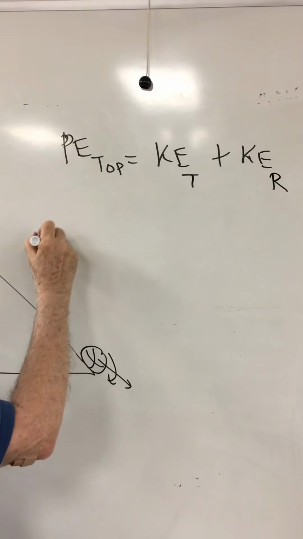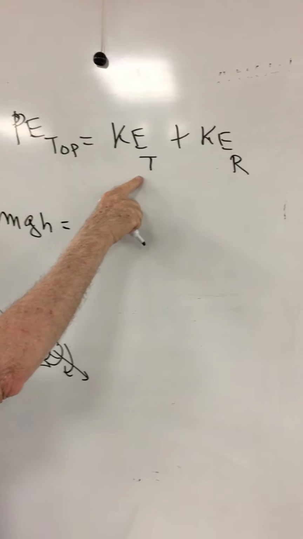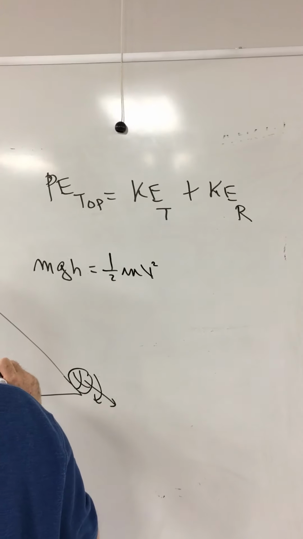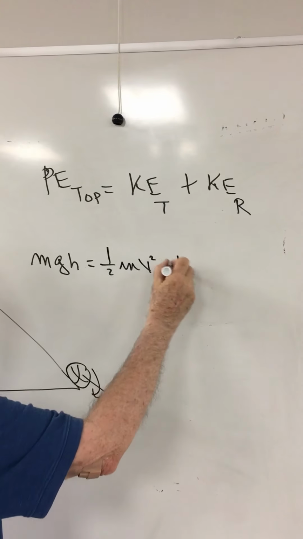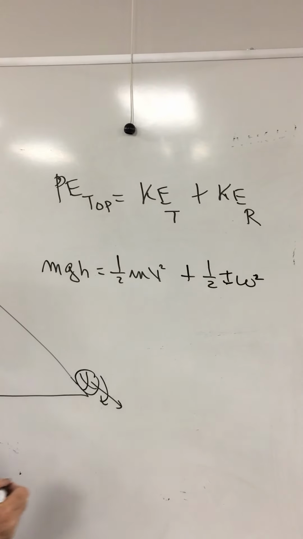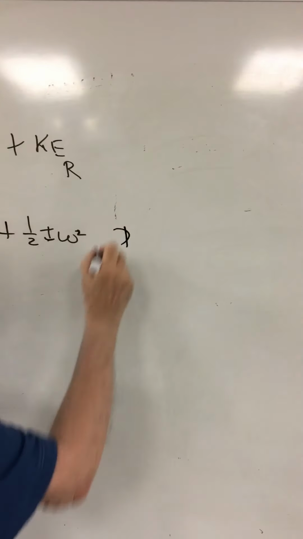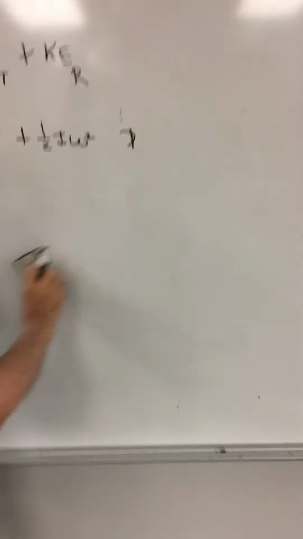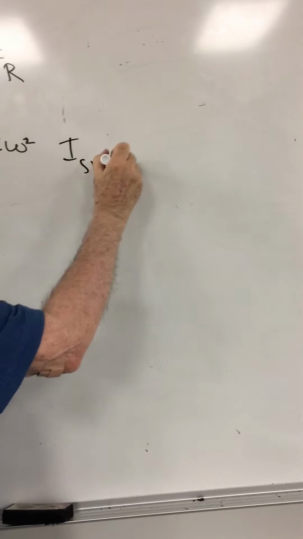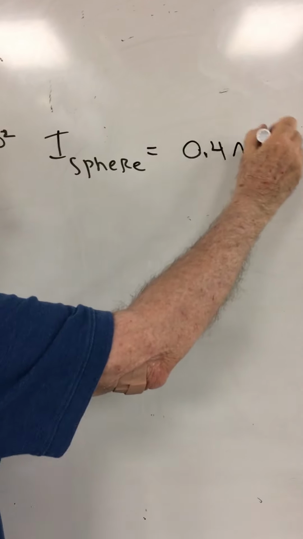So it's going to become mgh, that's our old friend for potential energy. Translational kinetic energy, 1/2 mv squared. And this is going to be 1/2 I omega squared. Now I, for a sphere, is equal to 0.4 mr squared.